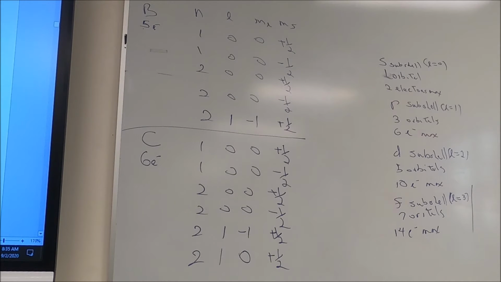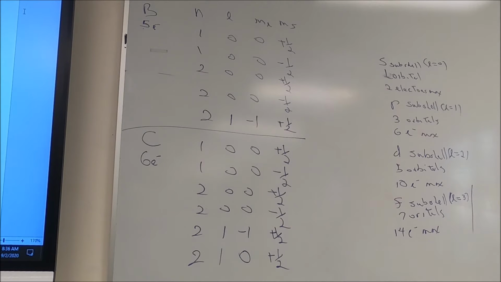Hund's rule says that when orbitals of equal energy are available, electrons choose to go into orbitals one at a time before they double up.